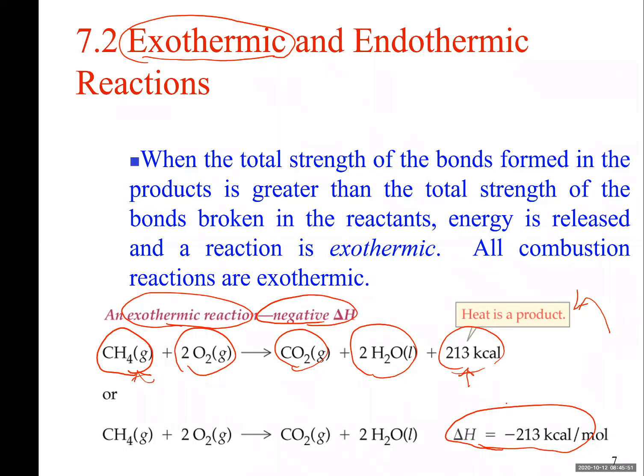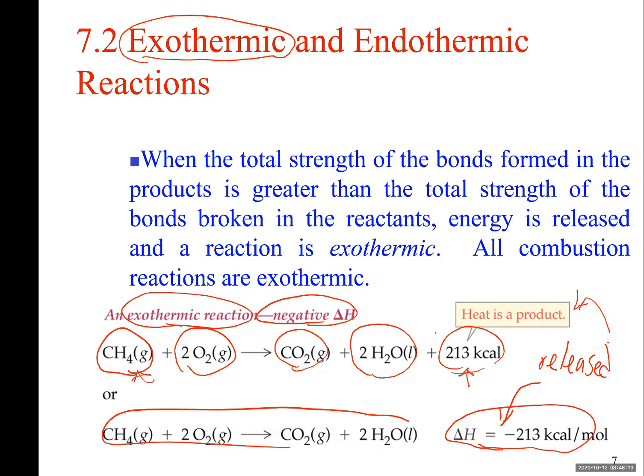That means 213 kilocalories of energy is released to the surroundings. Negative is loss of heat, loss of energy, so released. So this is one way of showing that this reaction is exothermic. Why? Delta H is negative. Heat is released to the surroundings.